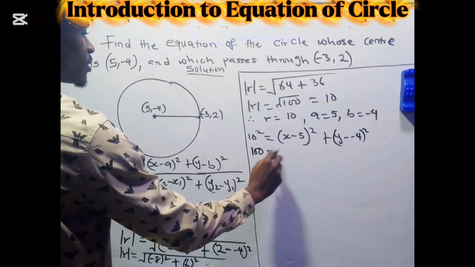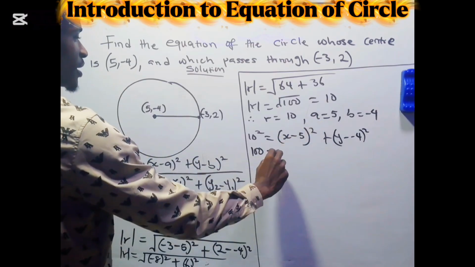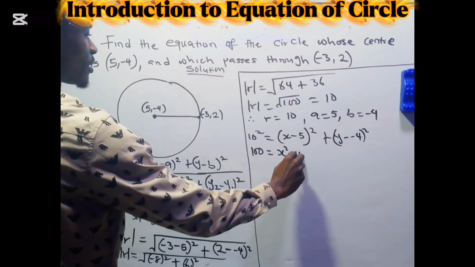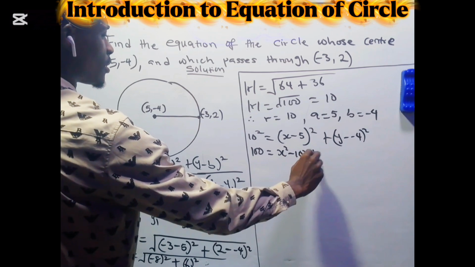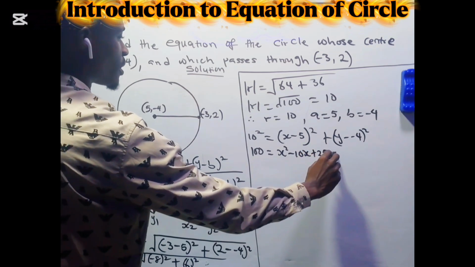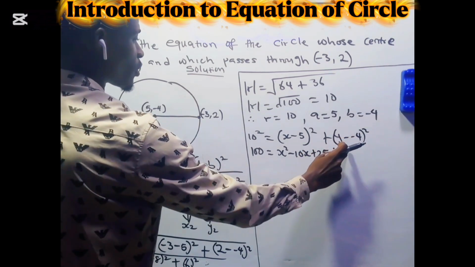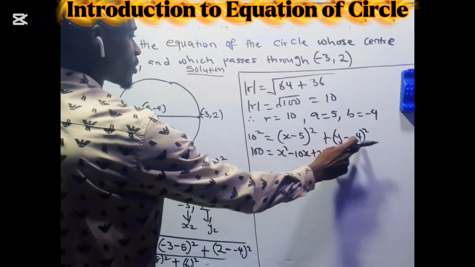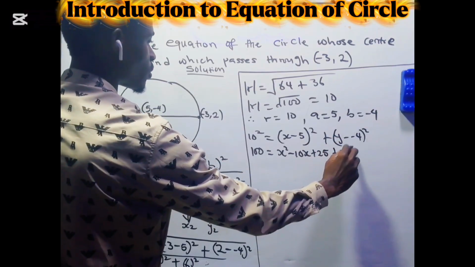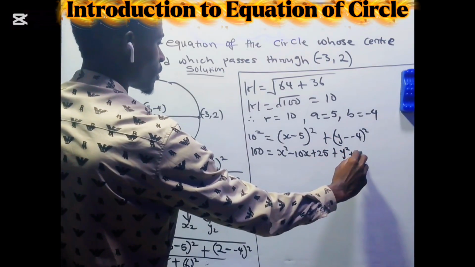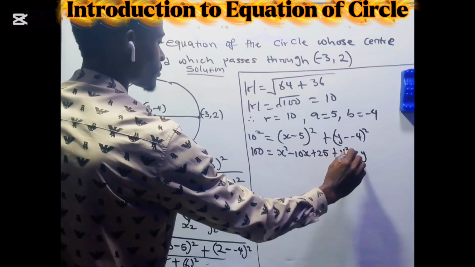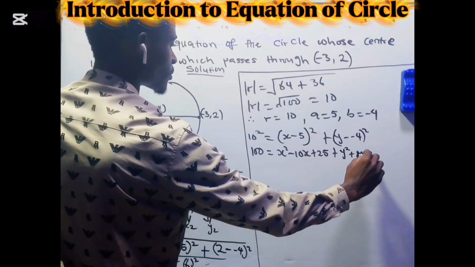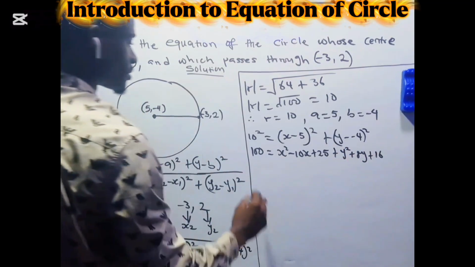So 100 will be (x minus 5) squared, that is x squared minus 10x plus 25. Now plus y minus minus 4, which is y plus 4. Then (y plus 4) squared is y squared plus 8y plus 16.